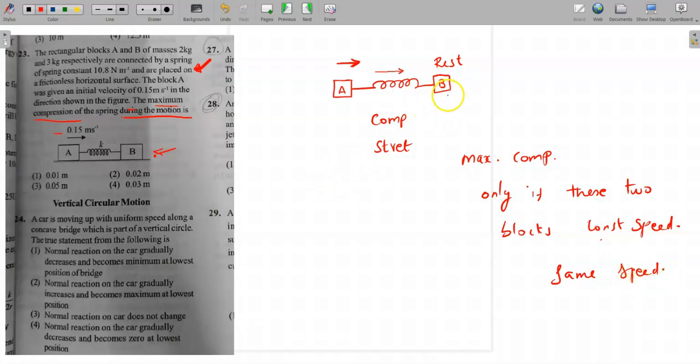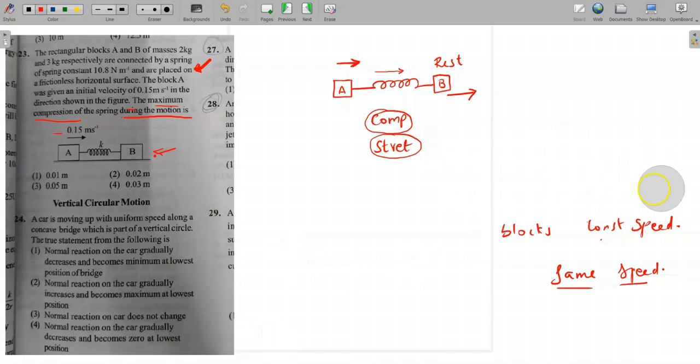Okay, if block B moves faster than block A, what will happen? There will not be a compression, there will be a stretch. So they are not asking maximum stretch, okay, they are asking maximum compression. Maximum compression is possible only when these two objects are moving at the same speed. That is a very important key point in this question.